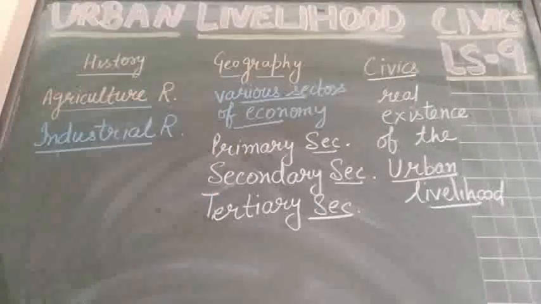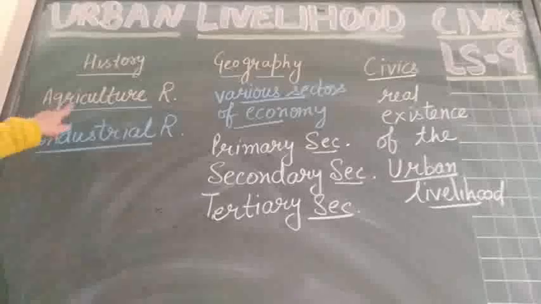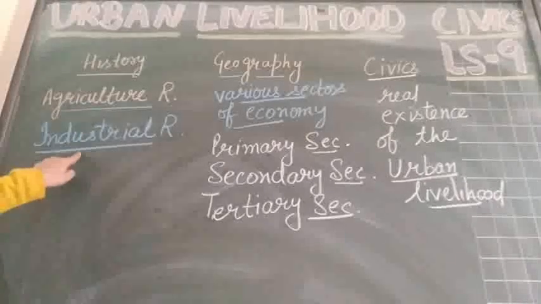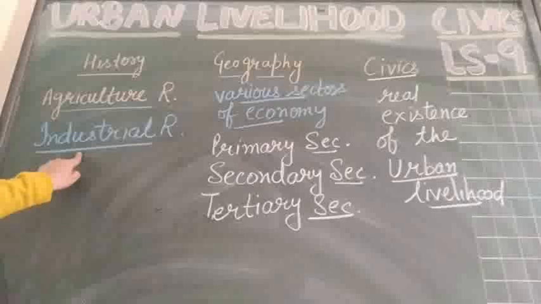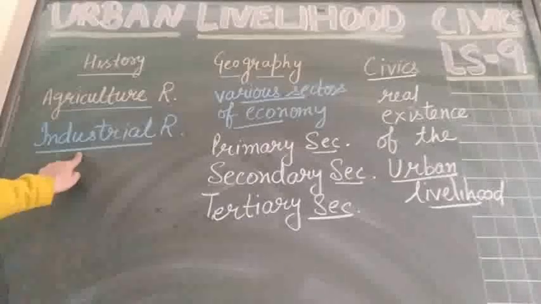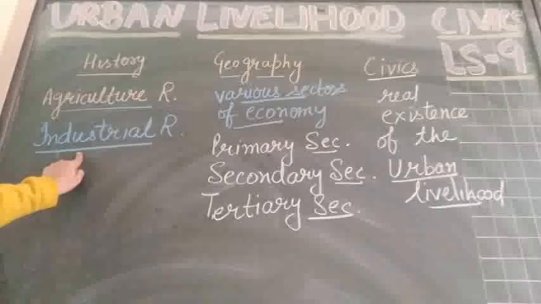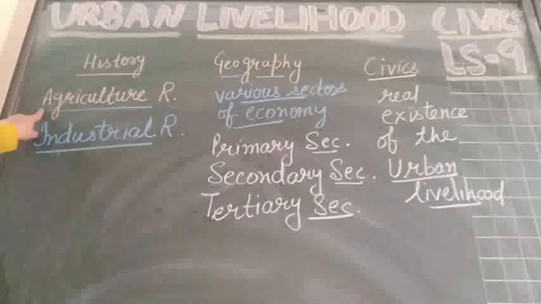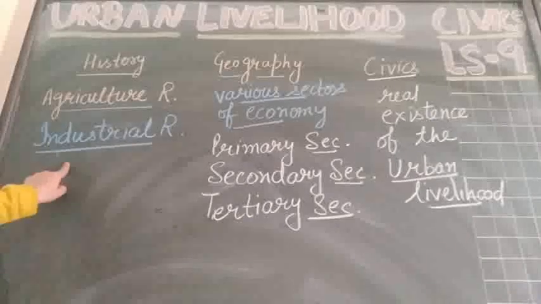So, when there was the agriculture revolution, you had lots of things coming under agriculture. Later on, the industrial revolution started. So, you have a kind of mass movement of people from the field of agriculture to the industries.